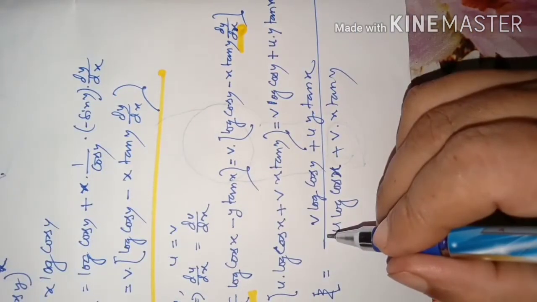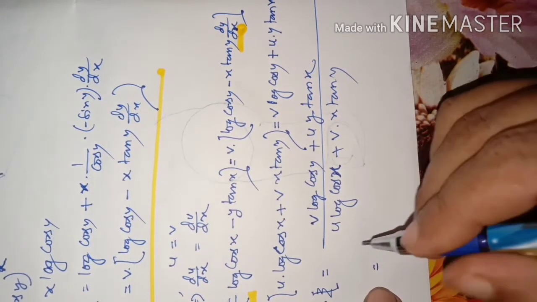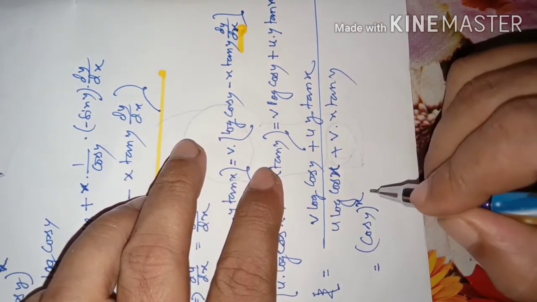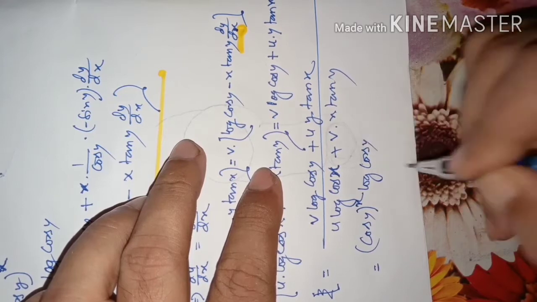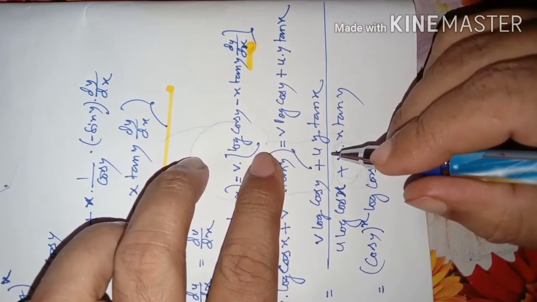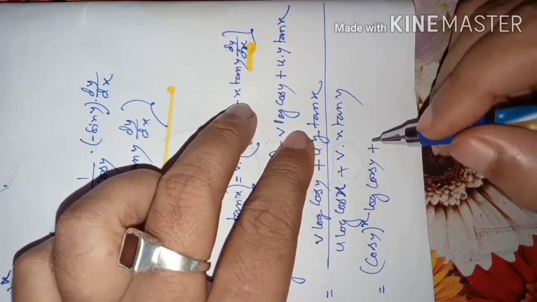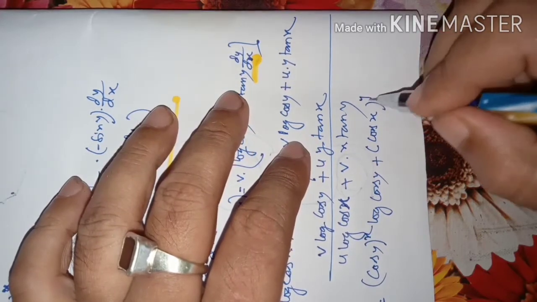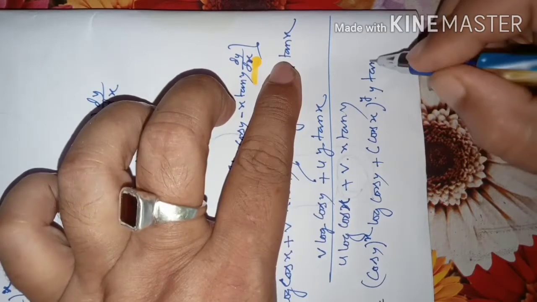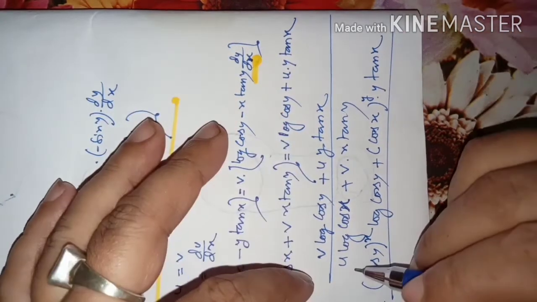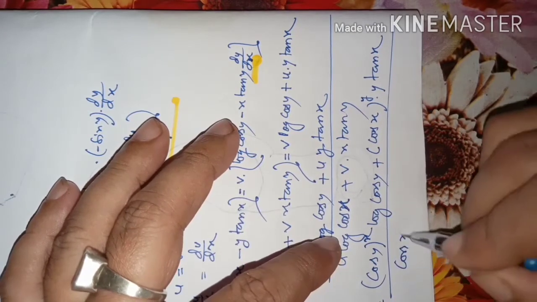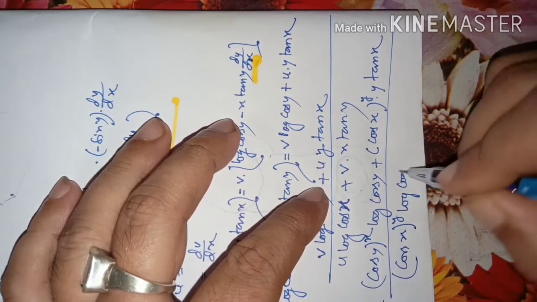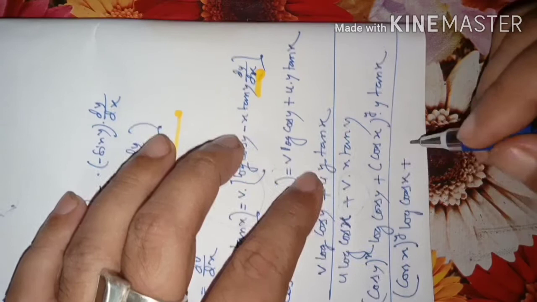So this v stand for what? V stand for cos y whole raised to the power of x log cos y plus u into u stand for cos y cos x whole raised to the power of y into y tan x divided by u stand for cos x whole to the power of y log cos x plus v into v is what?